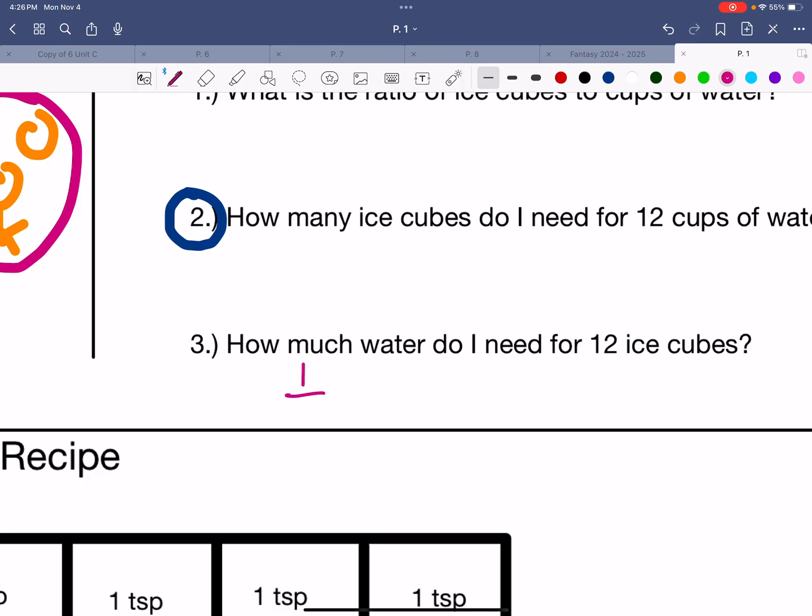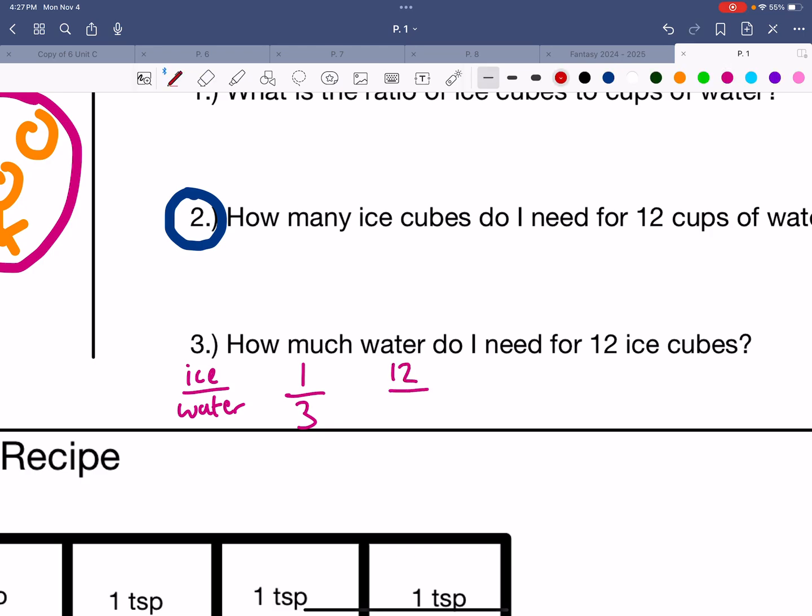And I'm going to say ice cubes over water. But now the question is, if I have 12 ice cubes, oops, got that one wrong. If I have 12 ice cubes, how much water do I need?